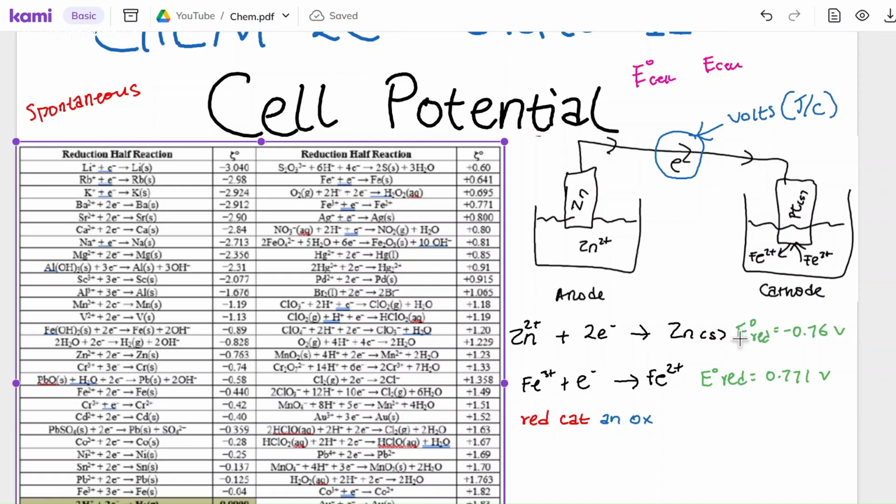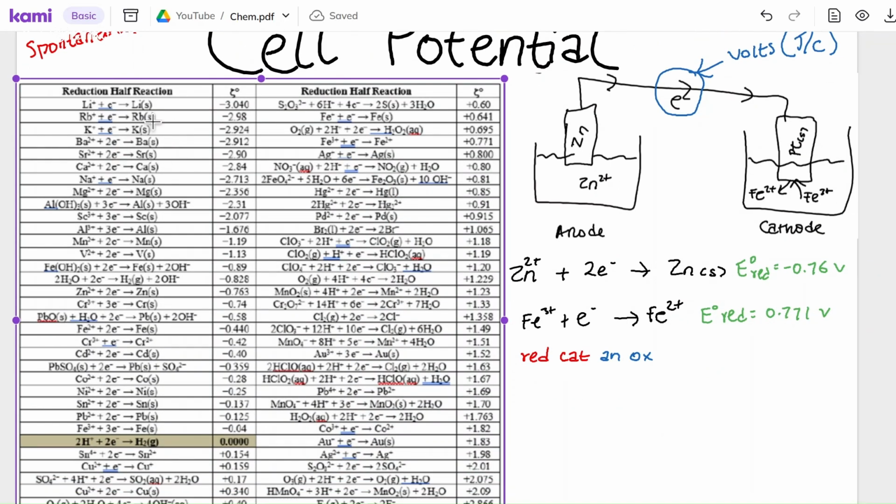This is a standard reduction potential. And right here is a table of these standard reduction potentials that you're probably going to be given on a test that contains cell potential, because you're not supposed to memorize them. They're given, and you can look them up, because other chemists did that in the past.